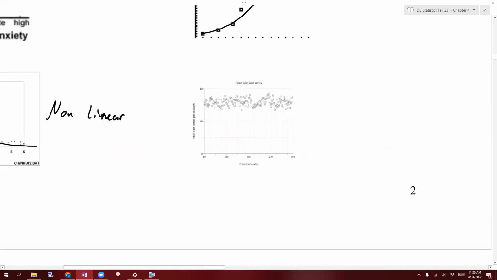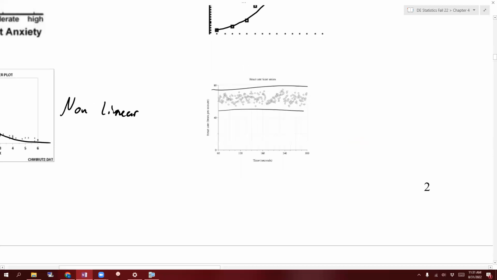And then this last one is tricky because it looks like my boundaries are straight lines and they're fairly close together. However, in order for us to have a relationship of any kind between my variables, as I change X, it has to affect Y. Y has to go up or go down, so that when I change X, I can predict what's going to happen to Y. Well, in this case, it doesn't matter what I do with my X. Y is staying roughly constant.